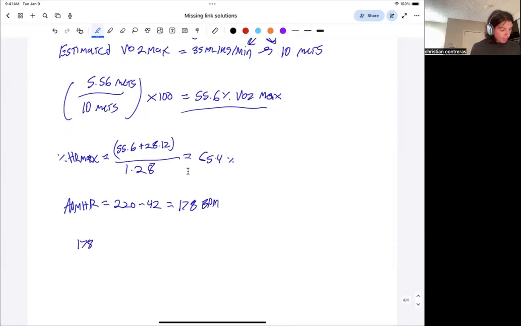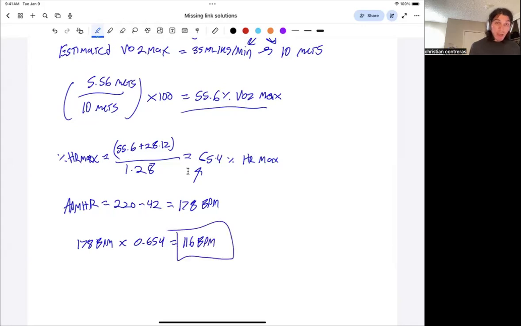We take that 178 beat per minute value and we multiply it by this guy, percentage of heart rate max, as a decimal. We're going to get the steady state heart rate we need. Do 178 times 0.654. We round to a whole number.